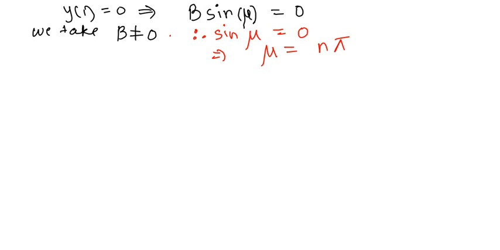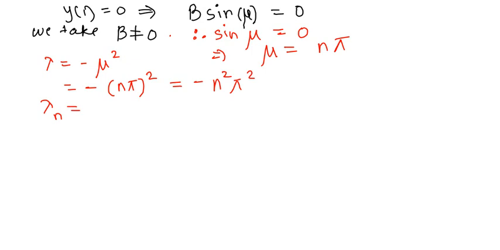So therefore what will be lambda? Lambda is equal to minus mu square, so that will be minus n into pi the whole square, that is minus n square pi square. And hence you can see here we will get lambda n, the eigenvalues, n square pi square. These many eigenvalues are there.